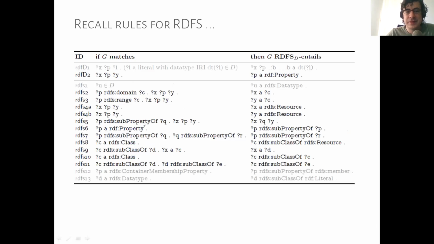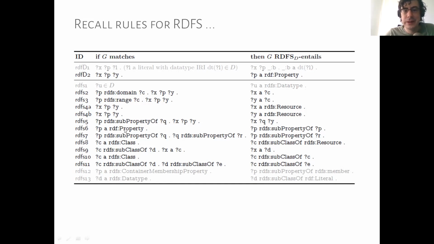In the case of RDFS, we looked at some rules before, right? So we say, for example, that P has domain C. If we have P has domain C and X P Y, then X is of type C. Or maybe a simpler example, if P is a subproperty of Q and X P Y, then we can entail that X Q Y. So we have these syntactic rules that we can apply over a graph recursively to generate some entailments, right?